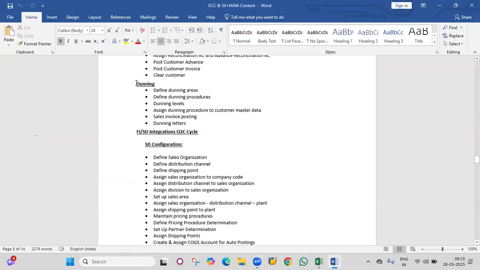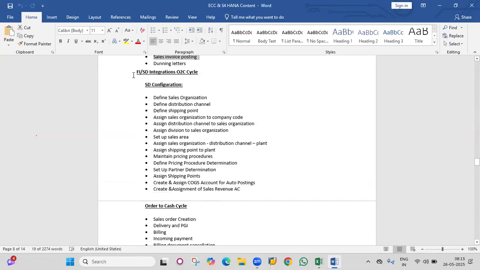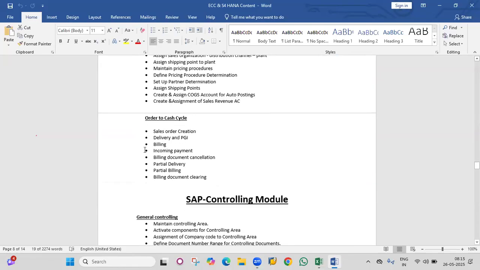If a customer is not paying on time, how to run the dunning. We'll see the complete sales process, like how to create a sales order, how to deliver the material, how to do the billing, incoming payments, and in case of cancellation of billing, how to do the billing cancellations. All these things we are going to see during our order to cash scenarios.